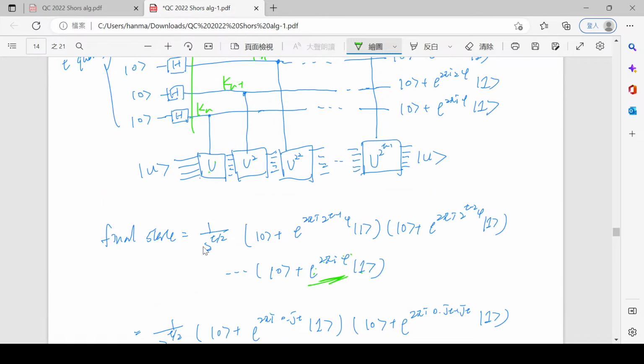So on the second last bit, you apply U twice. So you should have this 0 plus e to the 2 pi i 5 times 2, 1, right? And then you have 5 times 4, 5 times 8, all the way to 5 times 2 to the t minus 2, and 5 times 2 to the t minus 1.